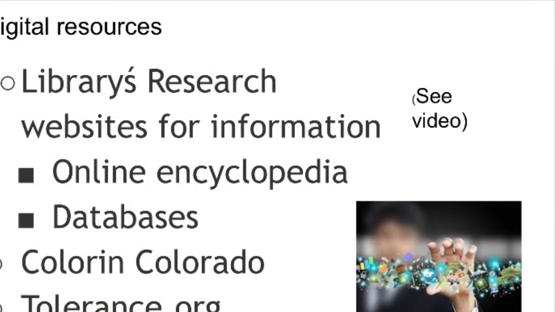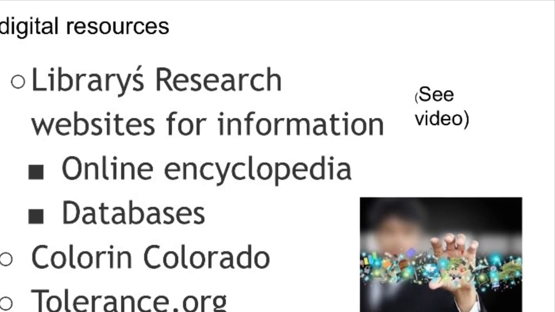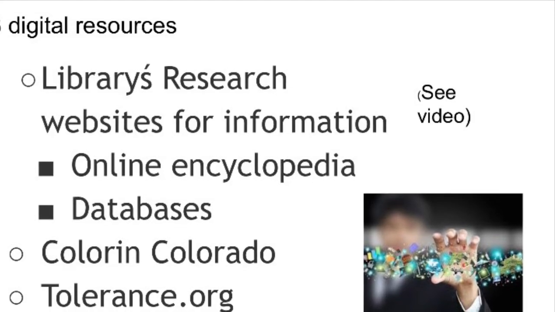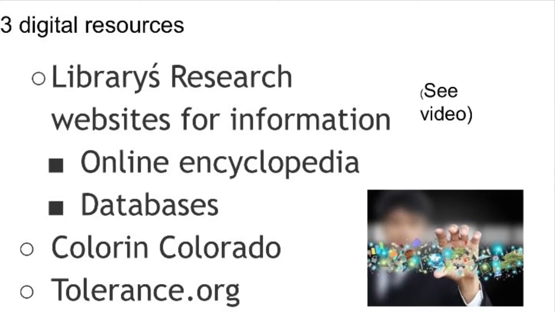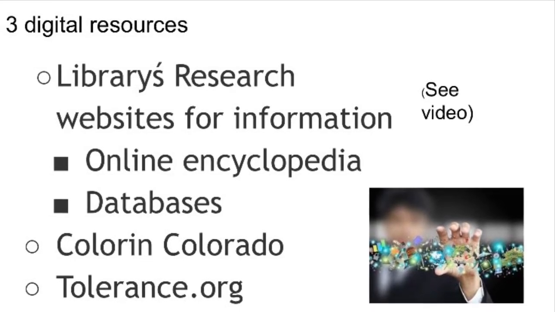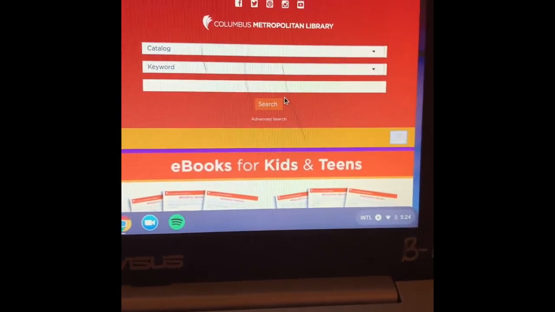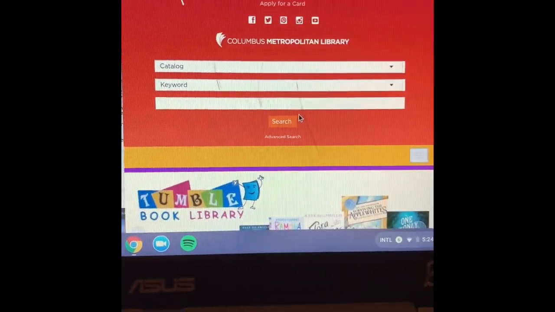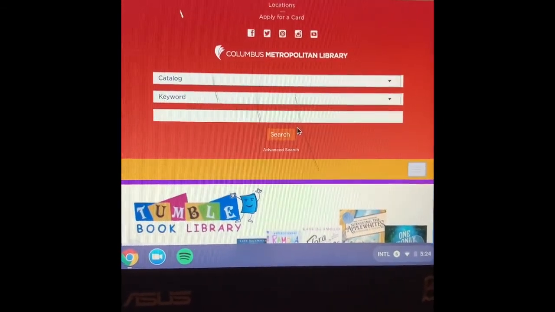So listed below are three resources that teachers can use to help them find culturally responsive pieces of information in their classrooms. Let's look at this video for the first one. So one helpful tool that can be used is through our Columbus Metropolitan Library system online.